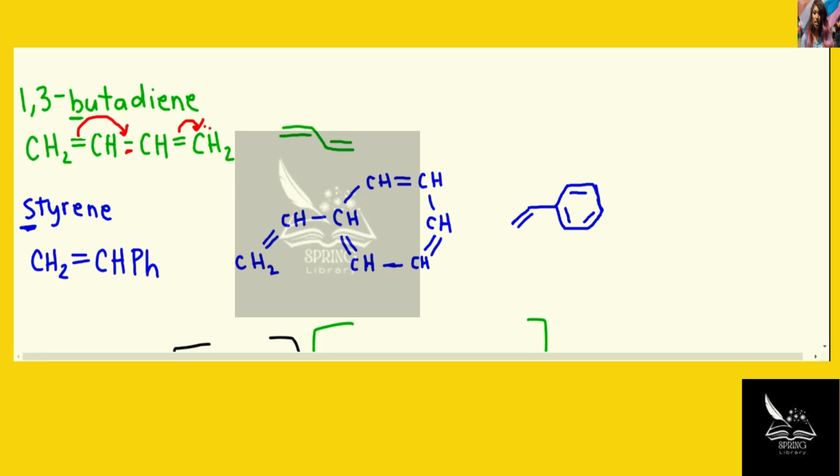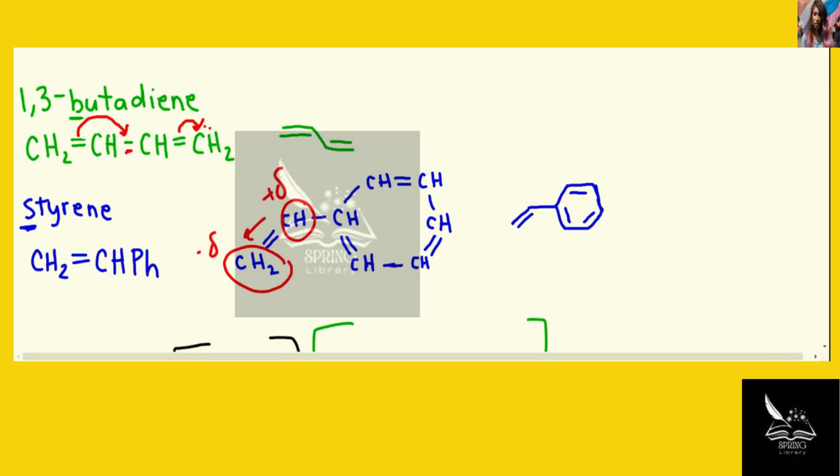So the 1,3-butadiene already is ready for another piece of the compound. It's electron rich, it's ready. So what needs to happen is this carbon needs to be prepped for that bonding. Because we have this CH2 double bonded to that CH, it's pulling electrons this way, making this partially negative and this partially positive.